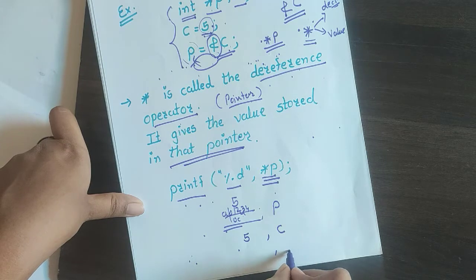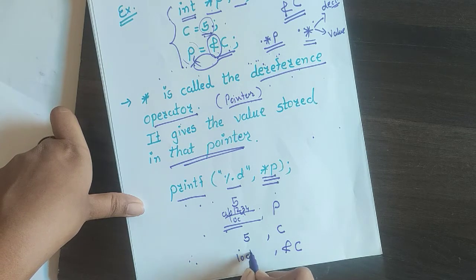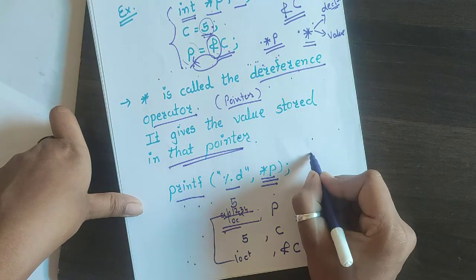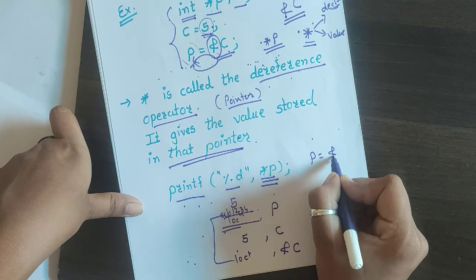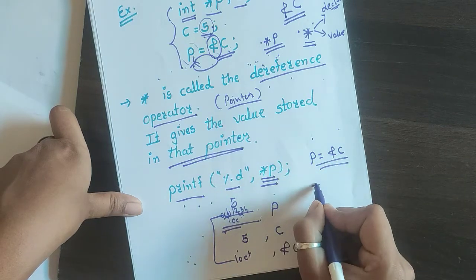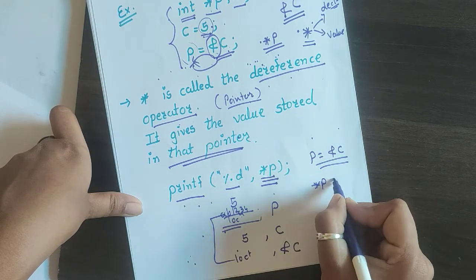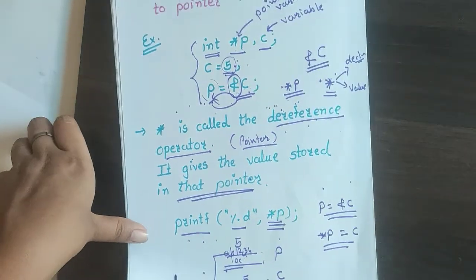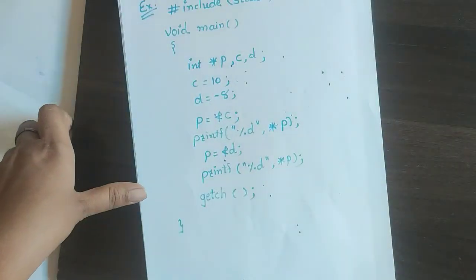But if I print &c, then again it will be a location similar to this. So I can say that p and &c both are equal, and *p and c both are equal. Getting this, right?